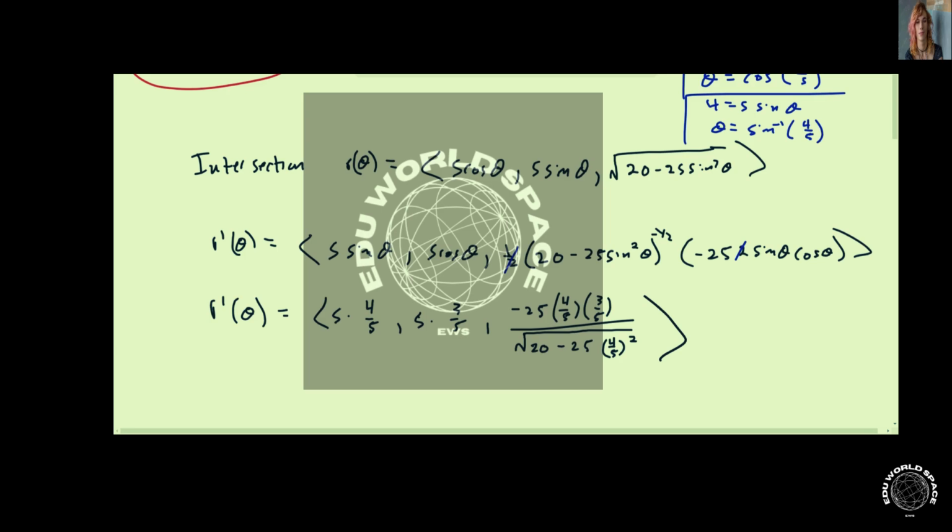Now this 25 and those 5s cancel out, and this 5 and that 5 cancel out.